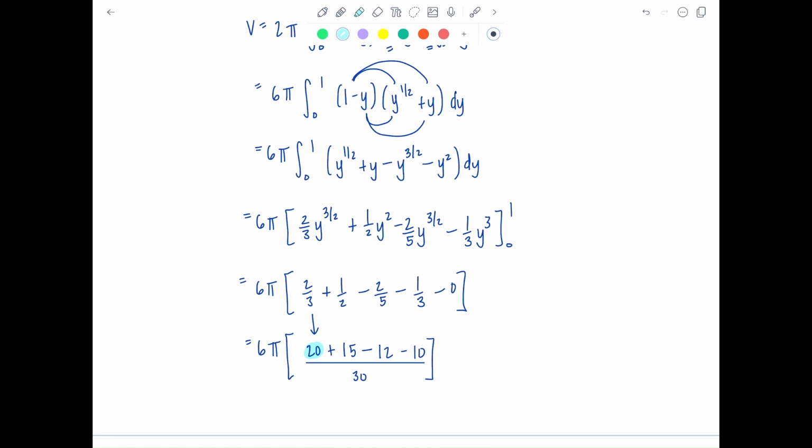Let's see, that's going to be 10 plus 3, 13 over 30. 6 pi times 13 over 30, cancel. This is 5, so just 13 pi over 5, okay?